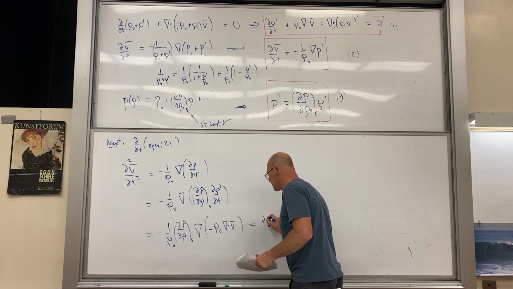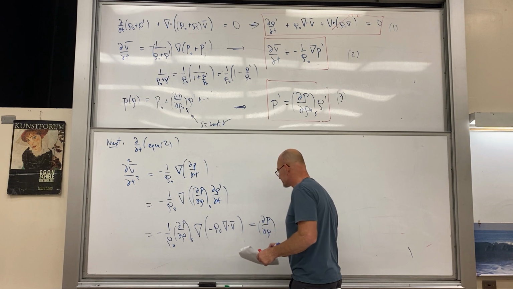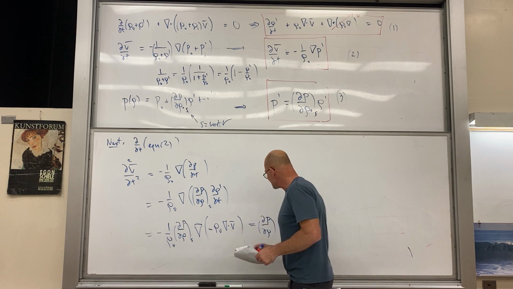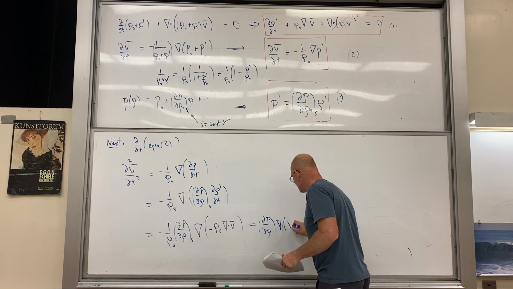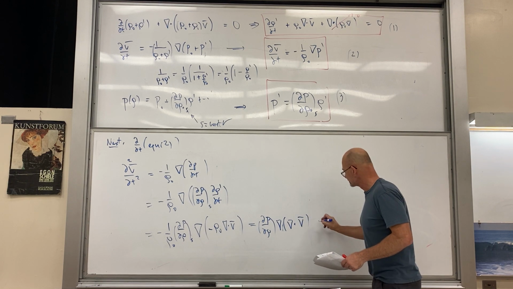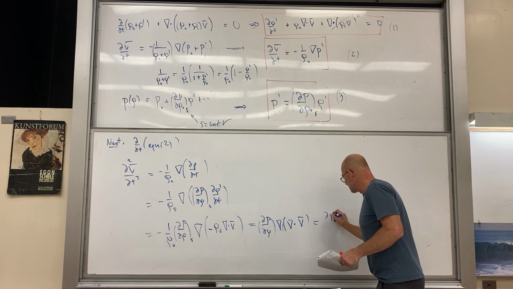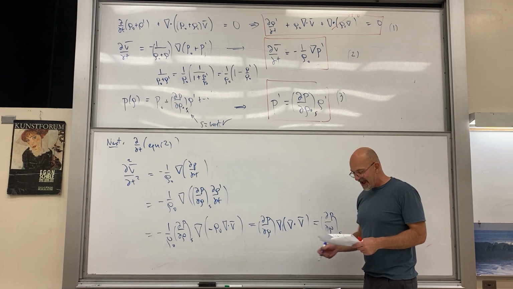So we end up with dp d rho, grad div v, at constant s.